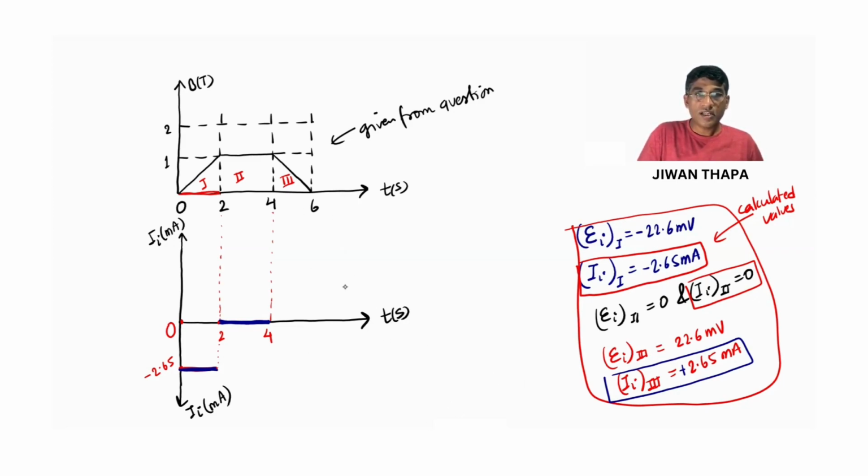So for the interval 4 seconds to 6 seconds, we have induced current which is plus 2.65 milliampere. So this is the plot of induced current as a function of time.